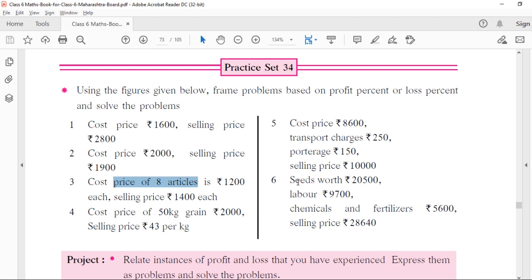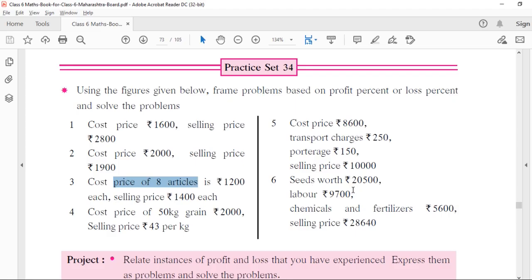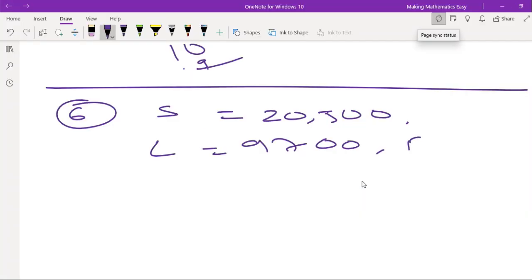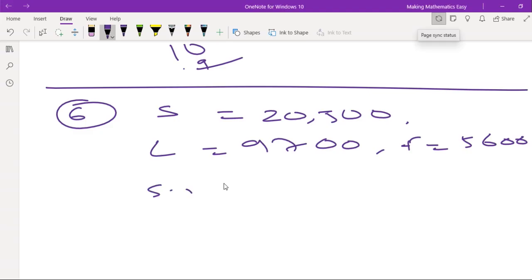that's it. So let's move on to sum number 6, the last sum. So there is a seed worth 20,500 rupees. Then there is labor involved in that for 9,700, and then there is chemical and fertilizer for 5,600 rupees, and the selling price is 28,640 rupees.